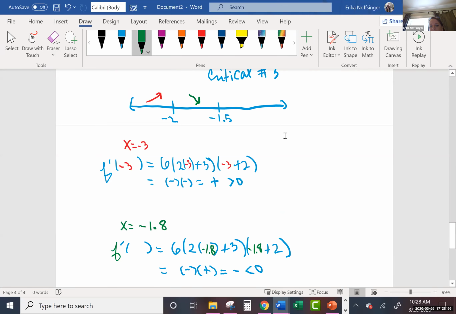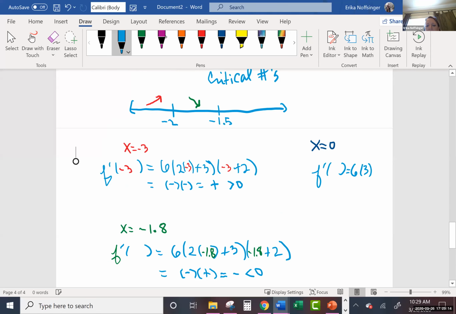And then one more number I need to try. And so let's look at x equals 0. And so if we plug that back into the derivative, well, we get 6 times 2 times 0, so it's plus 3. So 6 times 3, and 0 plus 2 is 2.